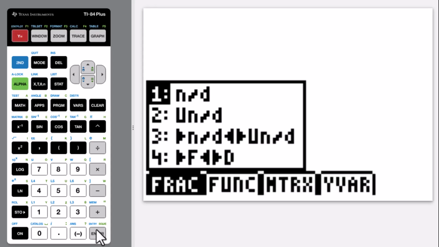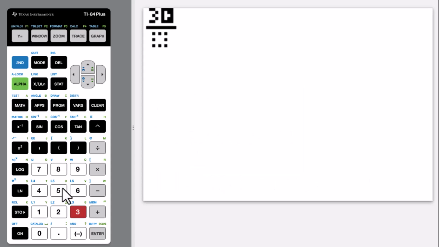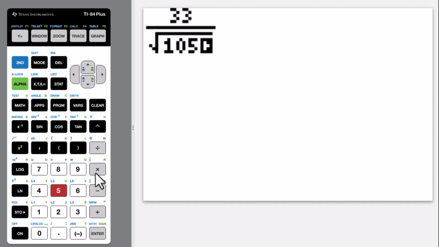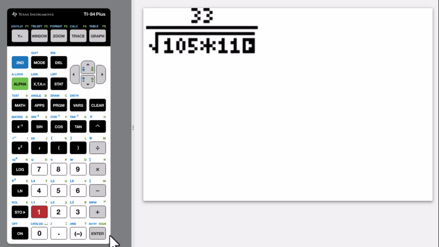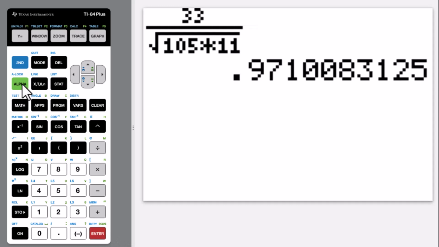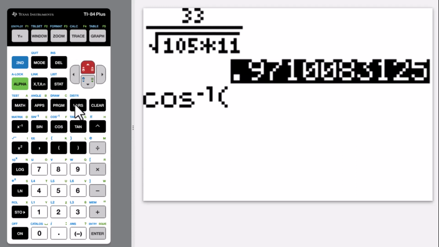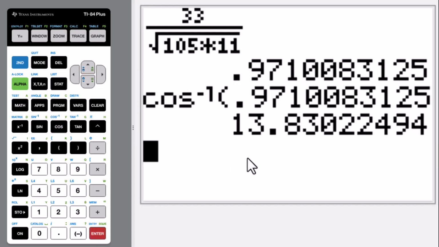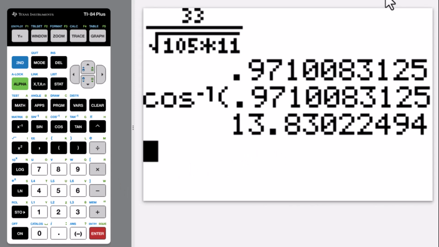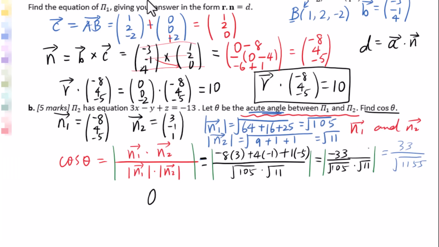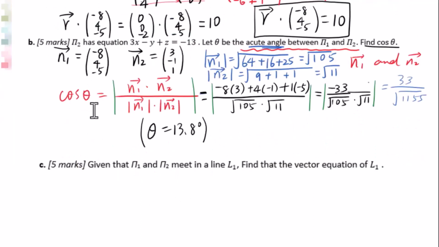Then type 33 over square root of 105 times 11. Enter. Then second cosine. Angle is 13.8 degrees. Theta equals 13.8 degrees.